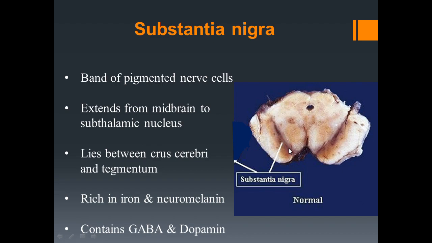Now this band of pigmented cells extends from the midbrain to the subthalamic nucleus. It is rich in iron and neuromelanin, therefore it is black in color, and it contains GABA and dopamine. These are the neurotransmitters which are released from the substantia nigra.